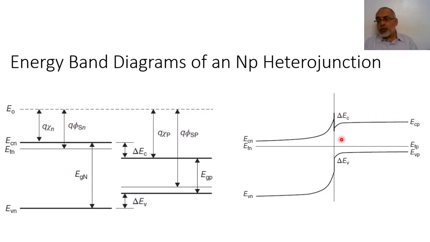So this energy well prevents any carriers from going from the B piece to the N piece here. And this is the importance of the heterojunction.